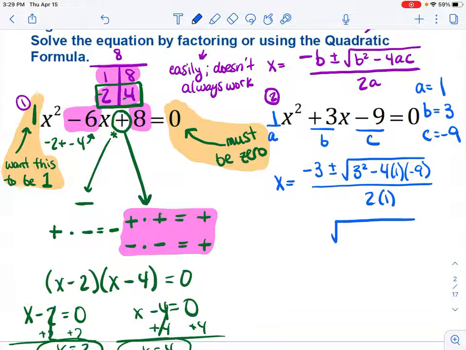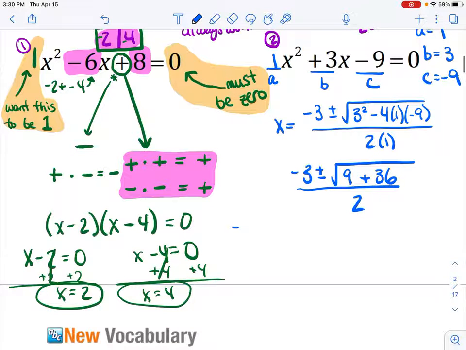So I have 9 plus 36, because I take -4 times 1 times -9, that is positive 36, and then I just bring everything else down. 2 times 1 is 2. I go ahead and finish this up.